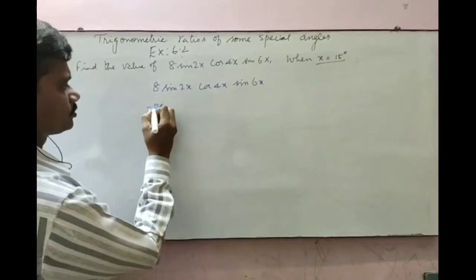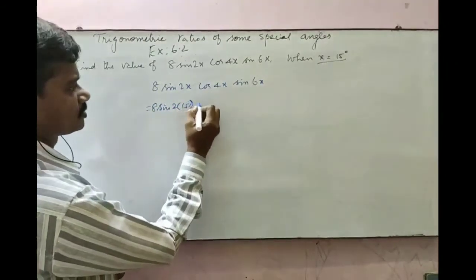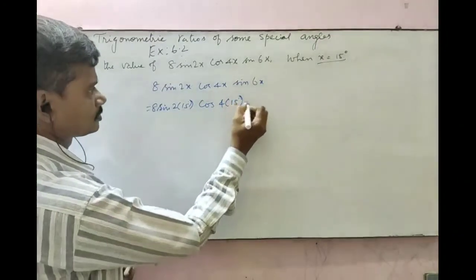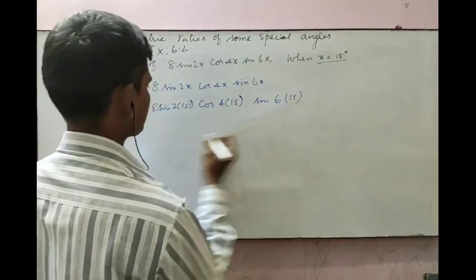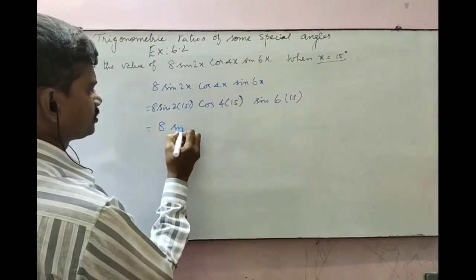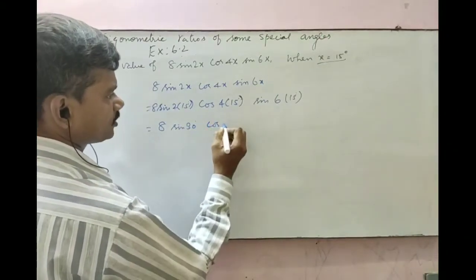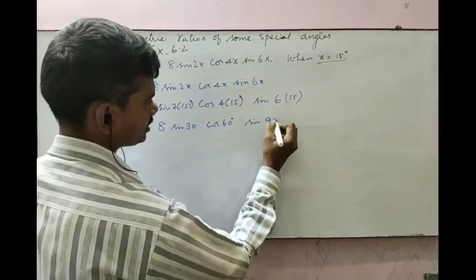So 8 into sin 2 times 15 degree, cos 4 times 15 degree into sin 6 times 15 degree. 2 into 15 gives 30 degree, 4 into 15 gives 60 degree, 6 into 15 gives 90 degree.